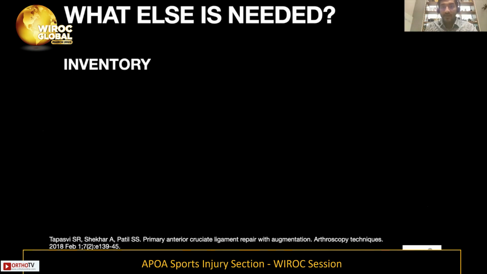In the OR, you need inventory. So most of us, especially in India, if you're doing an ACL reconstruction, all the inventory would probably include stuff that would be needed for a multi-ligament case with meniscus or cartilage injuries added as well.